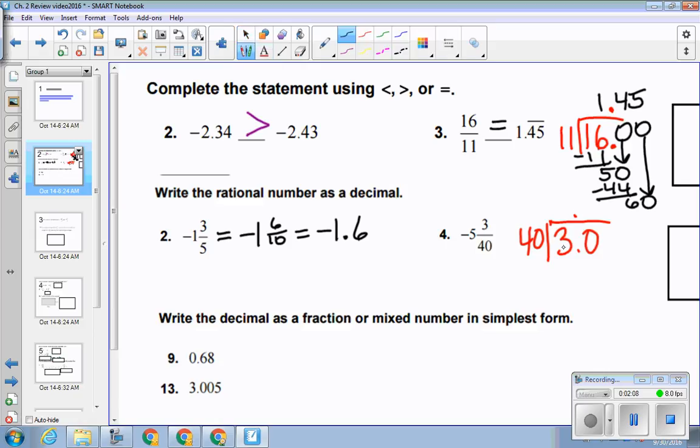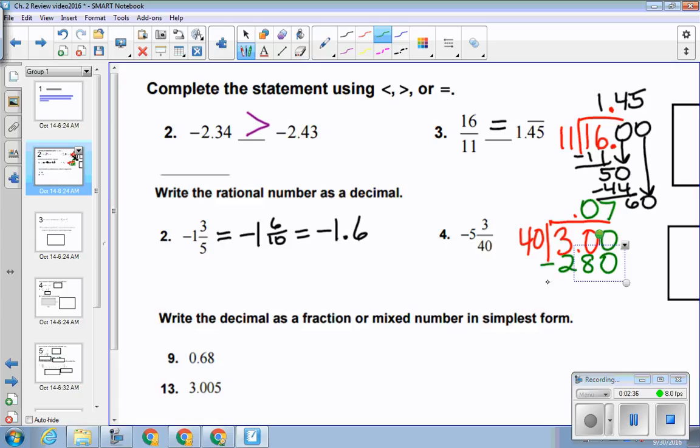See how I set up that problem? So we have 30. See where our decimal is, but now it's 30 divided by 40, and that does not go into it. So we would put a 0 in the tens place, and then we can keep adding zeros, and now we have 300 divided by 40, which does go into it 7 times. So 40 times 7 is 280.